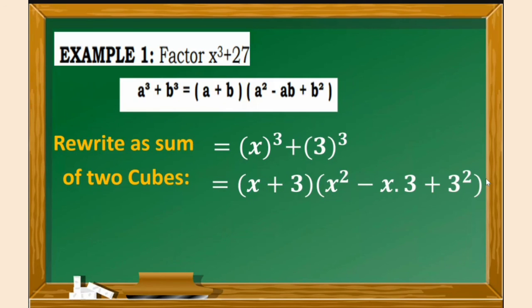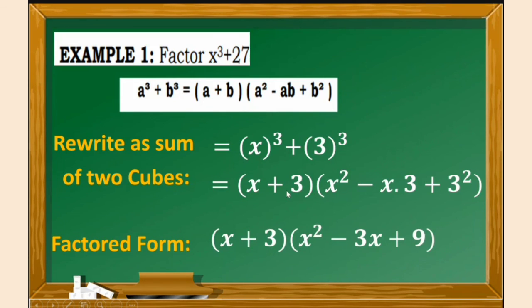And our factored form now is x plus 3, bring down, and then bring down also the x squared. I-multiply lang natin tong dalawa, which is the x times 3. So, wala namang nauunang variable bago ang number kasi ang pangit naman, di ba, pag x3. So, wala pong ganon. Laging nauuna yung number bago yung variable. So, therefore, x squared minus x times 3, that is 3x.